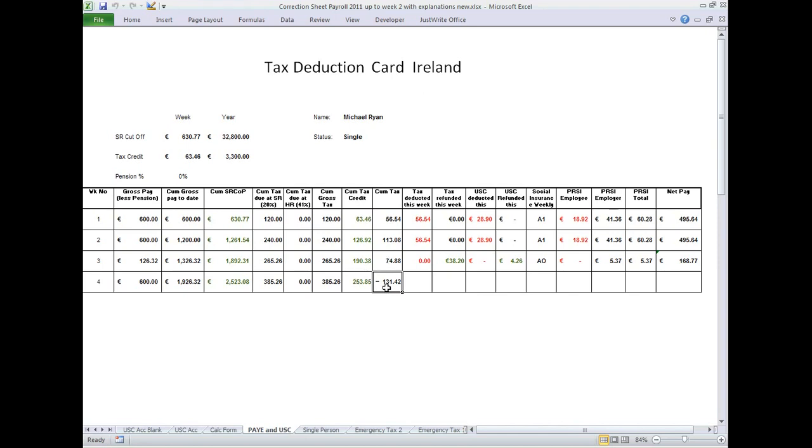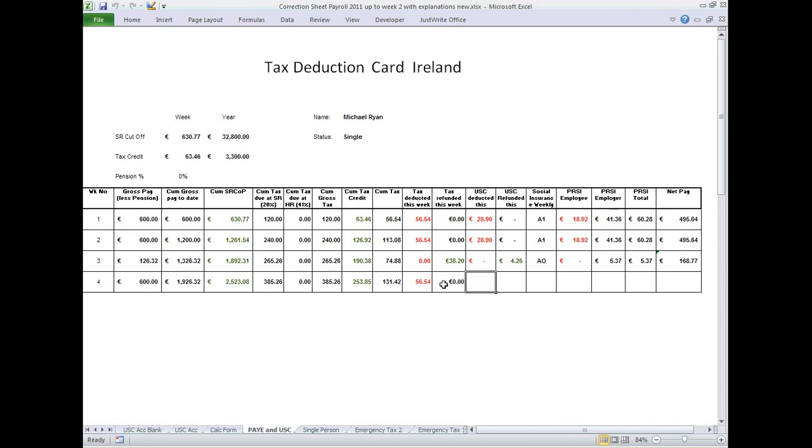This week now he owes 131.42 year to date. So take that from that to give how much he owes here, which is 56.54 there. Again, he is not going to get any tax refunded this week.